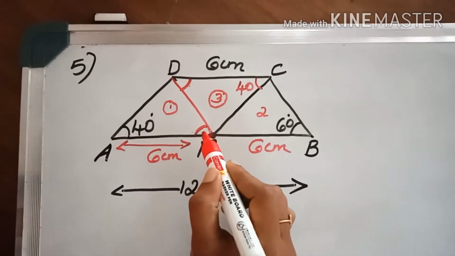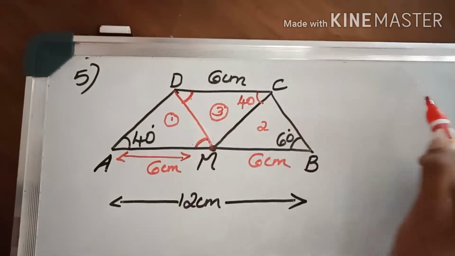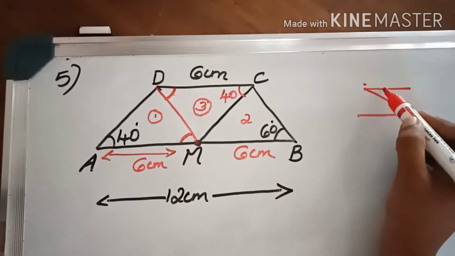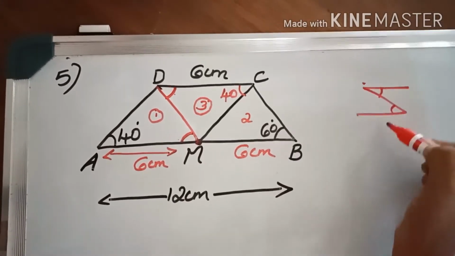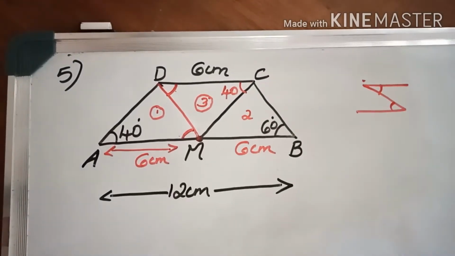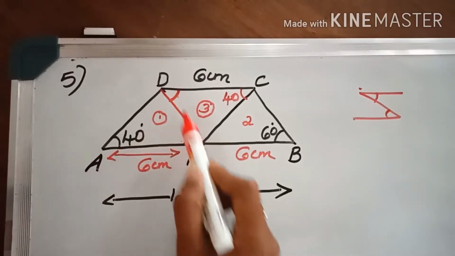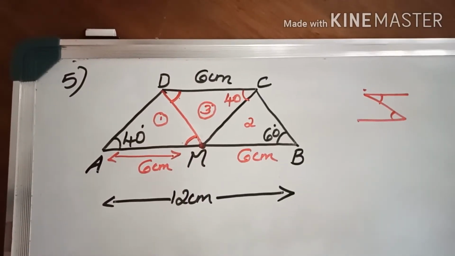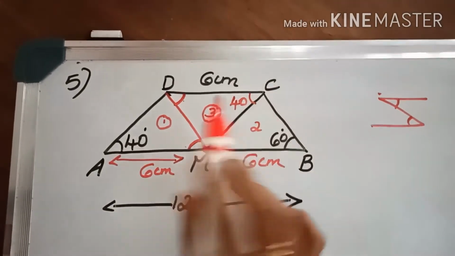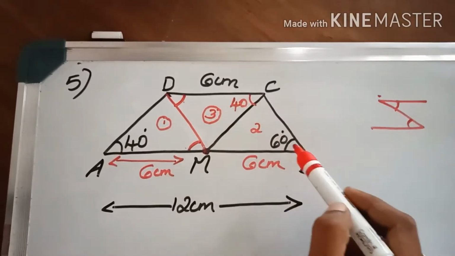This is alternate interior angles. If these two sides are parallel, then these two angles are alternate interior angles. Here CD is parallel to AM, that's why these two angles will be equal. So these first two angles are equal. Keep it like this. Next, consider the next figure.